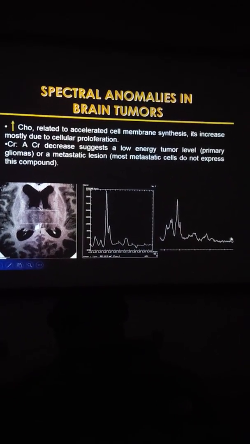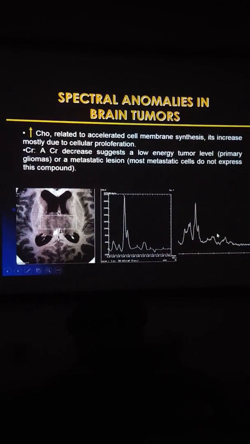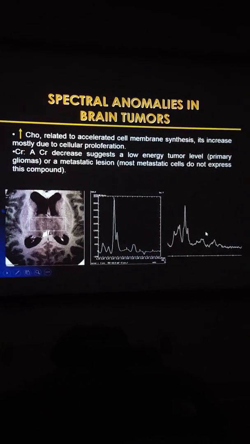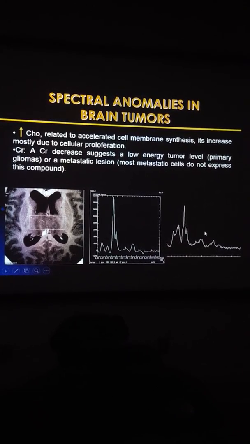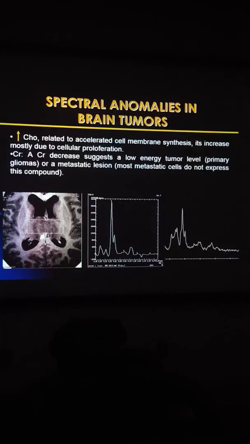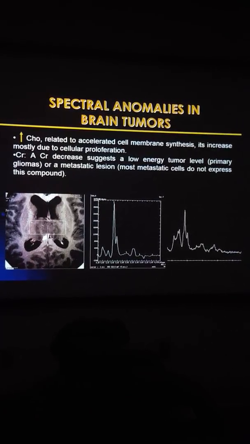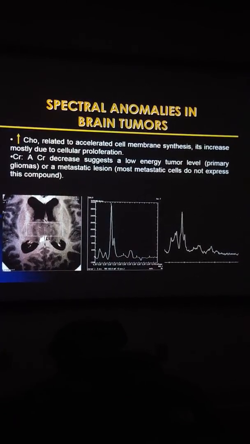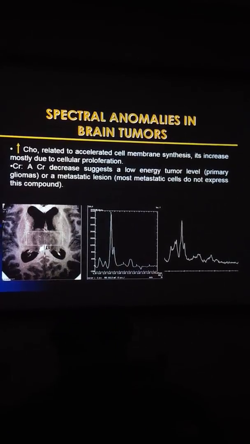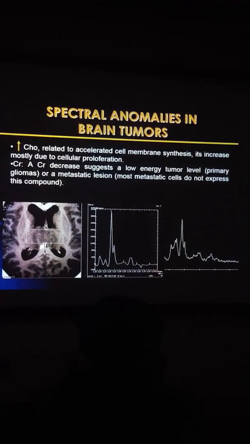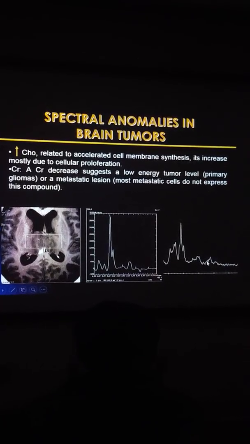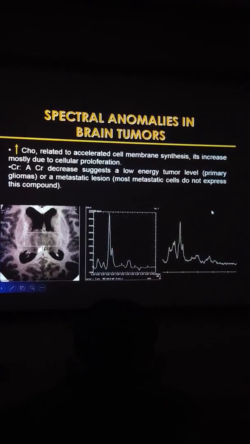The presence of high choline peaks but no lipid and lactate favors an anaplastic astrocytoma, which would be a grade 3. Okay, and the difference between the two in the clinical and the imaging findings is presence of necrosis.